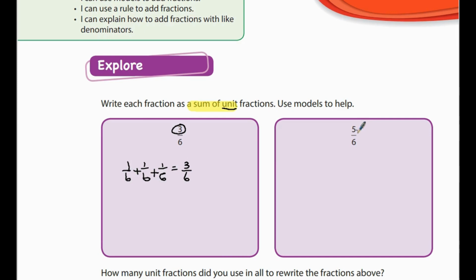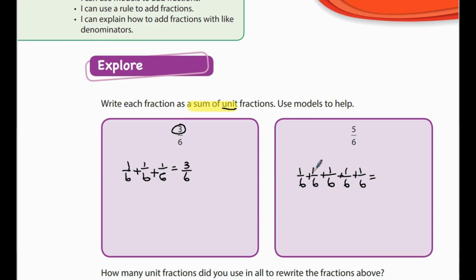If we move over here, we have 5/6. So if I had 5/6, I'm going to do the same thing. I'm going to add 1/6 plus another 1/6 plus another 1/6 plus another 1/6. That's 1, 2, 3, 4. I need 5, so plus another 1/6.